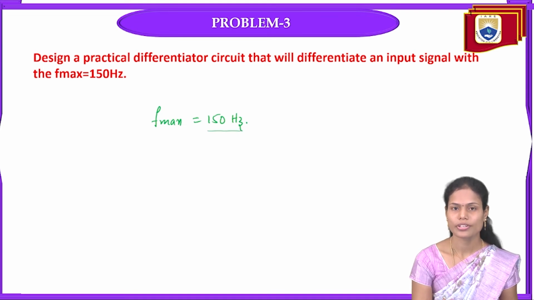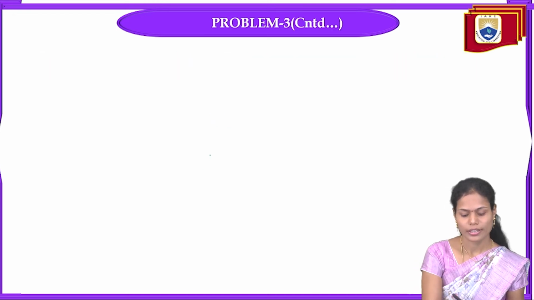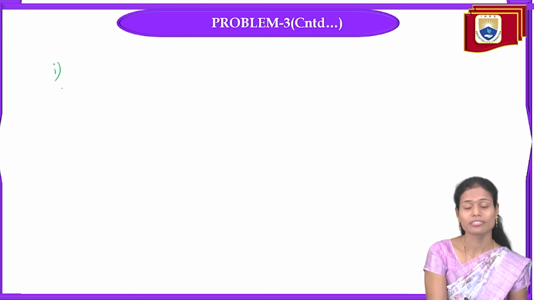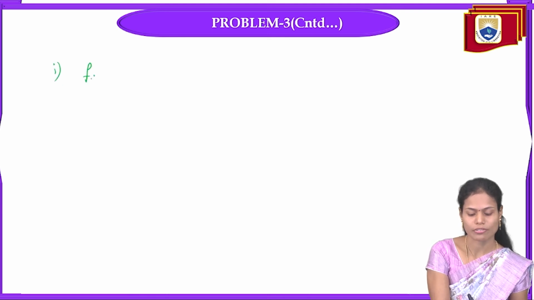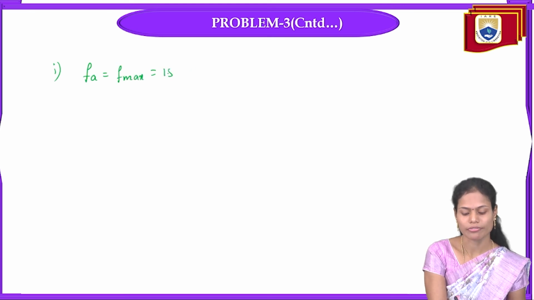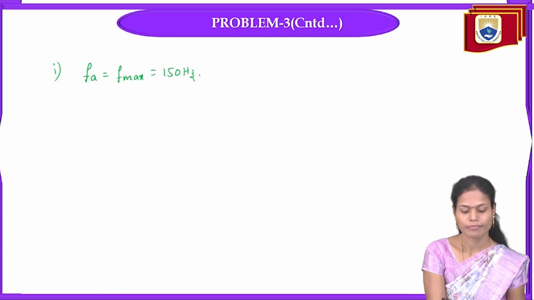So in order to differentiate this particular 150 Hz signal, we have to design the practical differentiator circuit here. For that, again I am going with the first step, that is the first cutoff frequency FA is equal to F maximum, that is the given frequency 150 Hz.